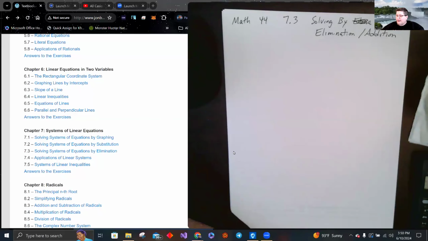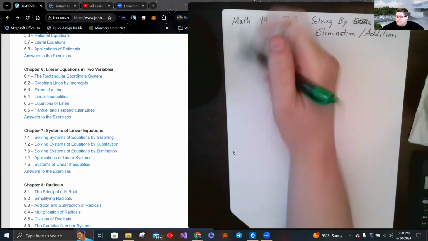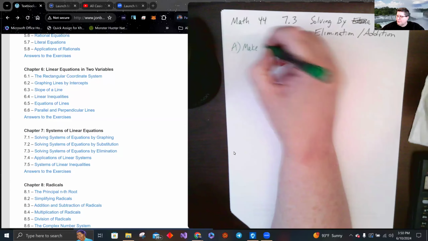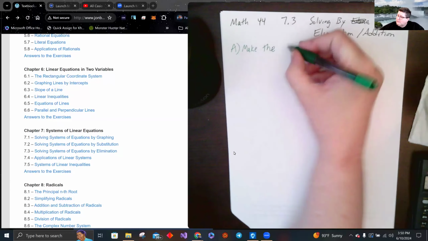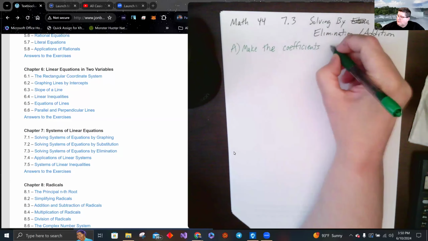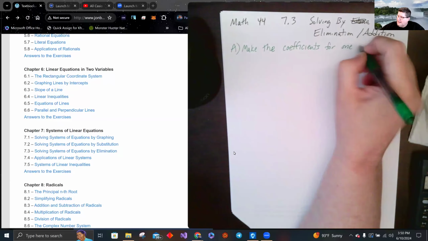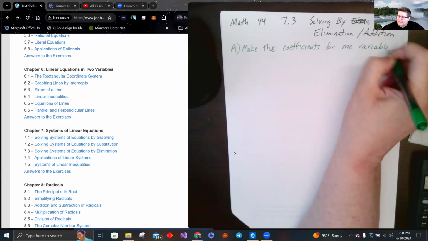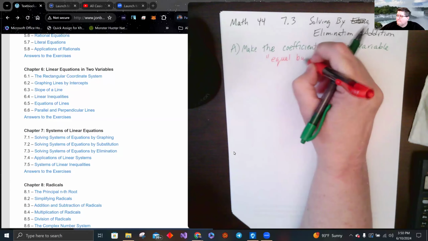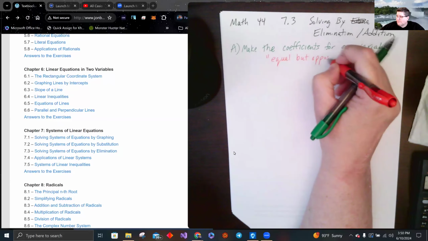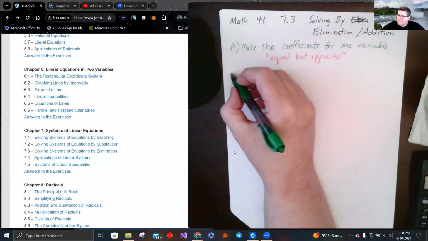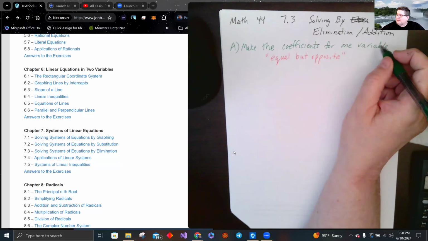The idea here is to make the coefficients for one variable equal but opposite. So they have the same value, but different signs. So how do we do that?